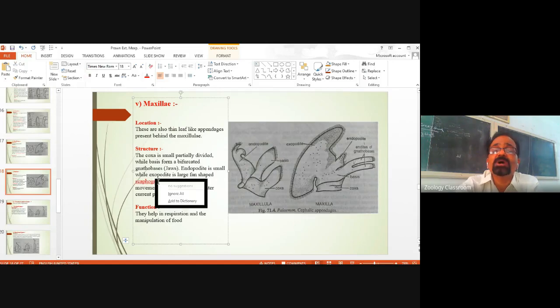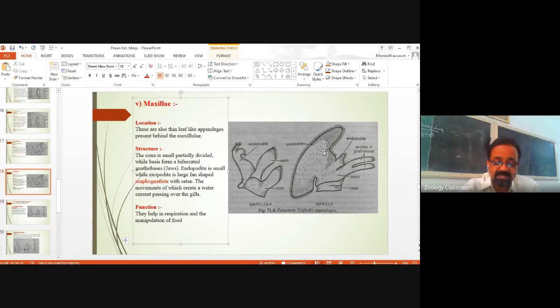Now, it plays an important role. We'll come to know how this role is played during the process of respiration that we are going to study while studying the respiratory system. The movements of which create a water current passing over the gills. जे फॅन लेग हे स्ट्रक्चर असल्यामुळे त्या गिल्सवर हे पाणी ढकलण्याचं काम हे स्कॅफोग्नॅथाइट करते.